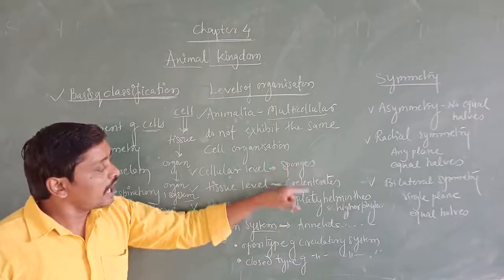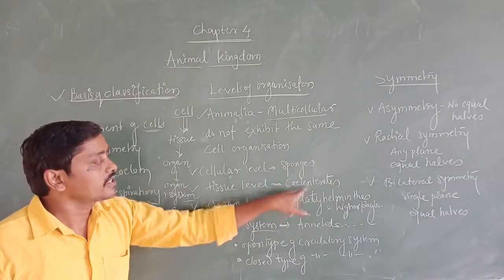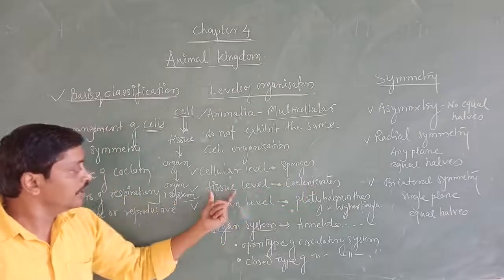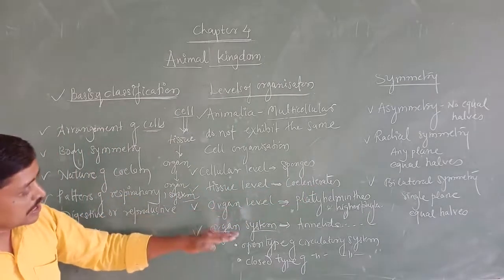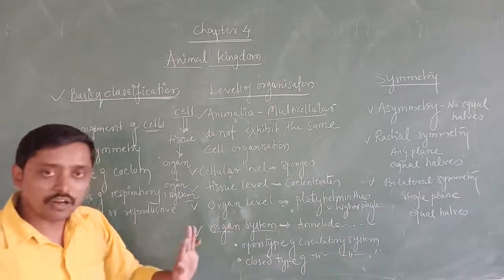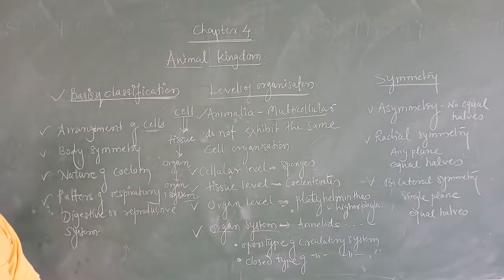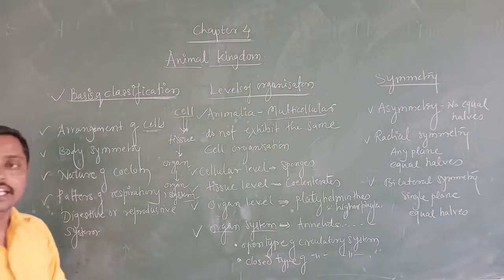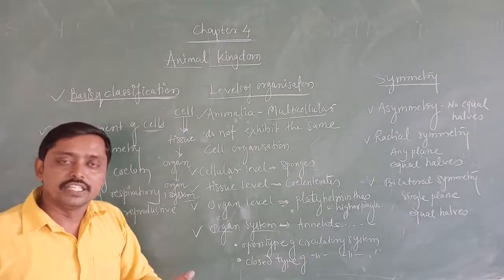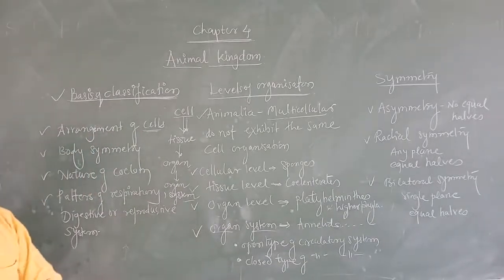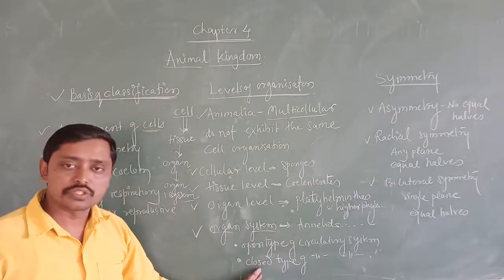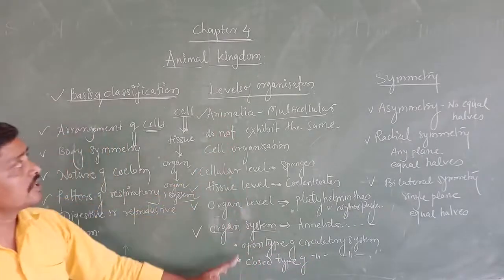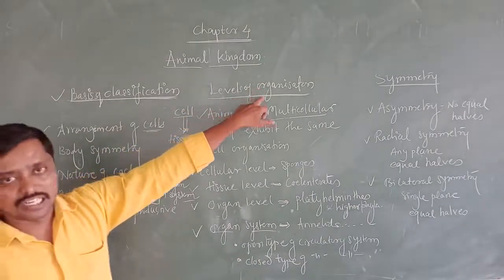After that, in a higher phylum, coelenterates come, and they show the tissue level of organization. After that, organ level of organization, and organ system level of organization, in which I told you about the digestive system, incomplete and complete digestive system, and I discussed the open type and closed type of circulatory system. This is about the levels of organization.